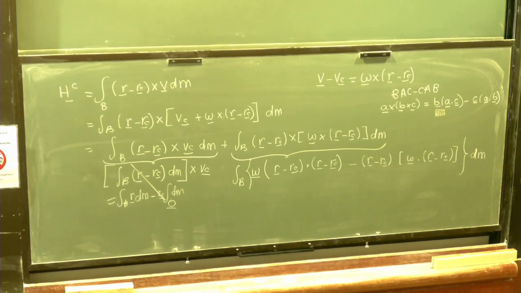A bond B acting on C. Any ideas? How do we take omega outside?